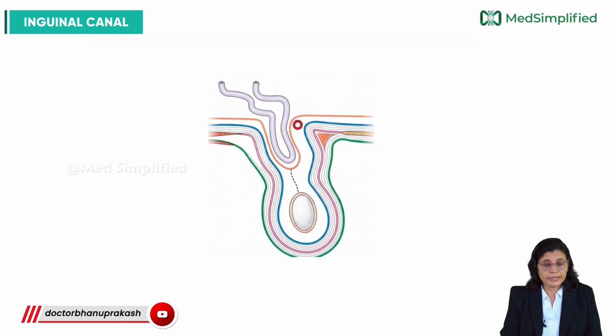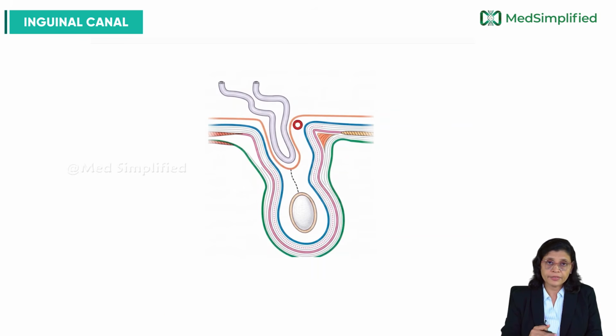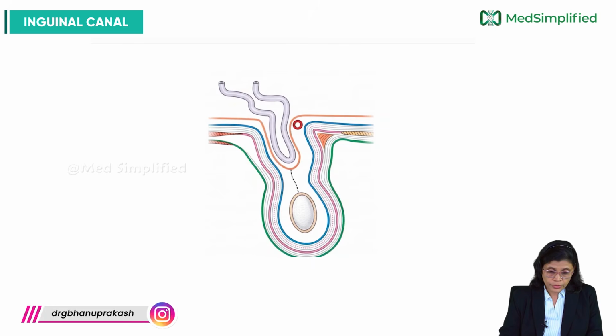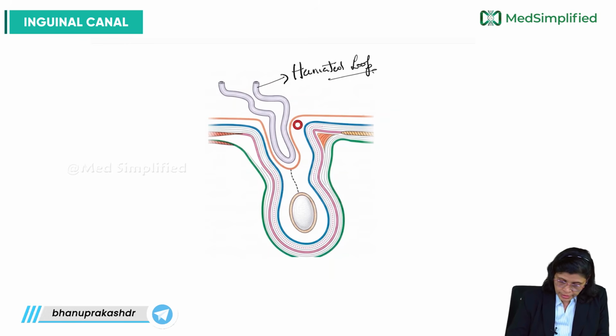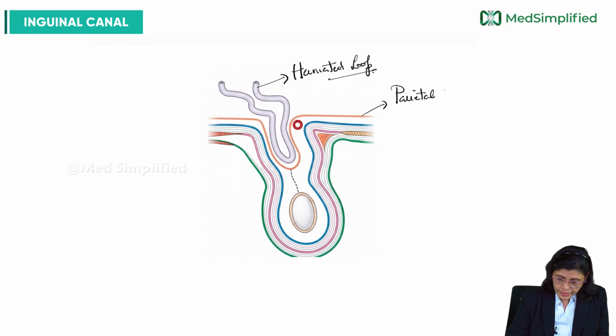We have to understand what the coverings of the herniated structure will be if it is an indirect inguinal hernia, and what they will be if it is direct. First we will see the coverings of the indirect inguinal hernia. This is the herniated loop. The first covering will be the parietal peritoneum.